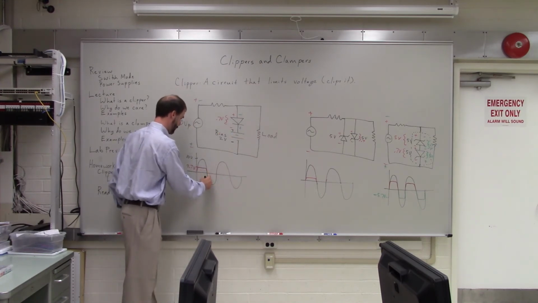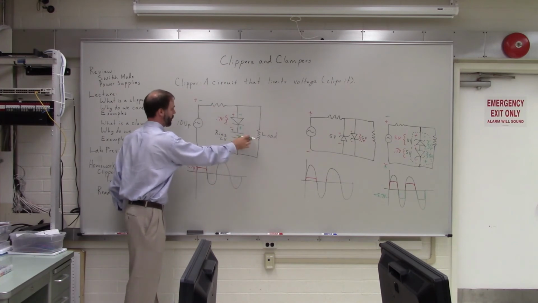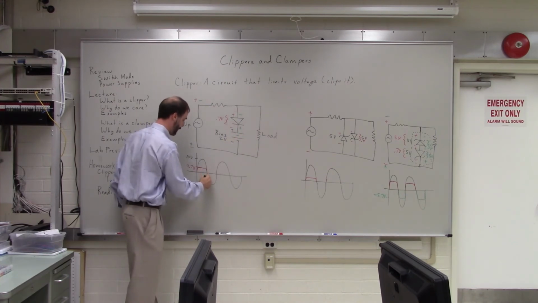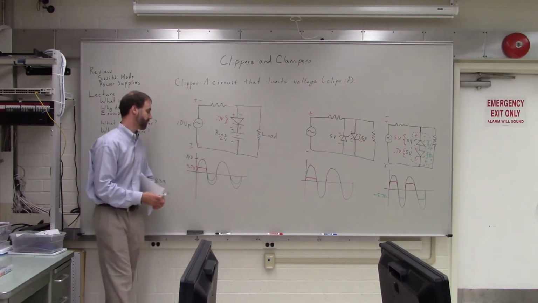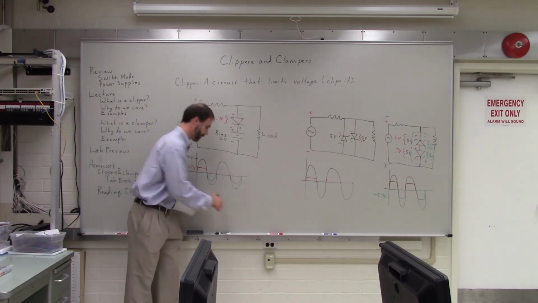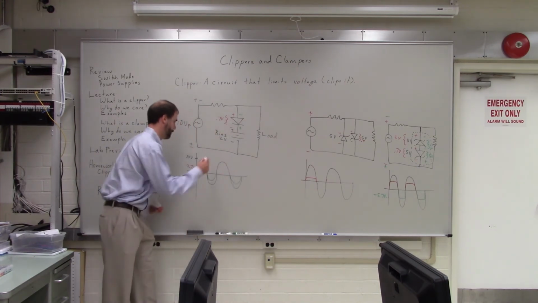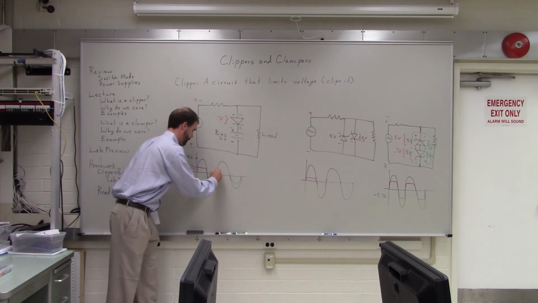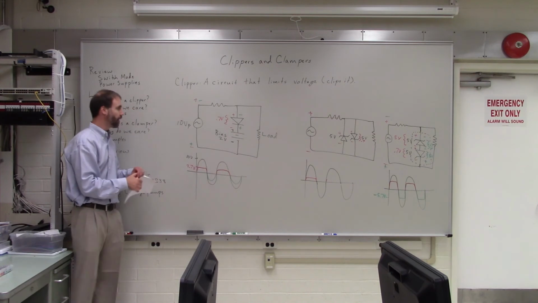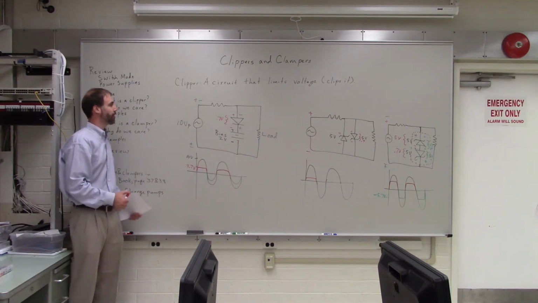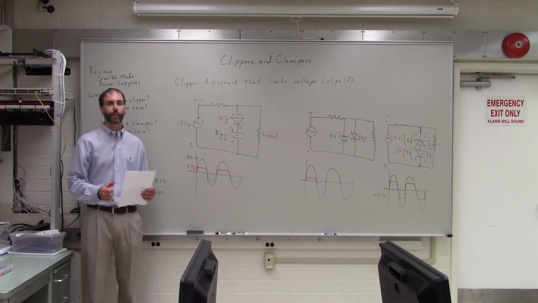If they were the same resistances, then the load would get a maximum of half of the incoming signal. So it would be something like that. Okay, so those are a couple of examples of clipper circuits. Any questions about that?